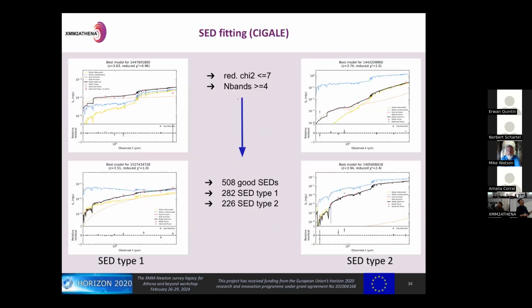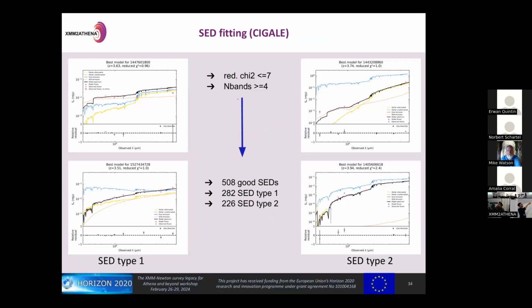And I will pass a little bit fast to the properties of these high redshift sources. So here I use the CIGALE algorithm for the X-ray high redshift sample. On the left you can see some examples of SEDs that are classified as type 1 through the SED fitting, and on the right the type 2 AGN.